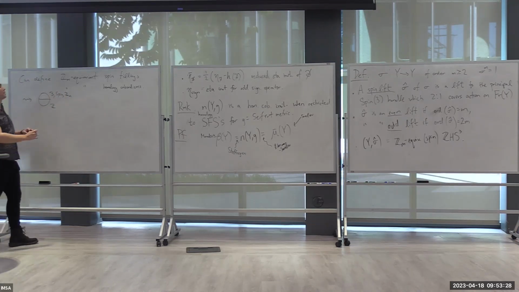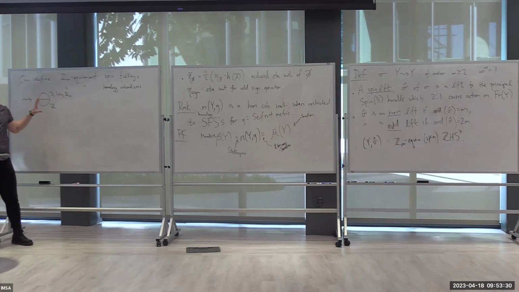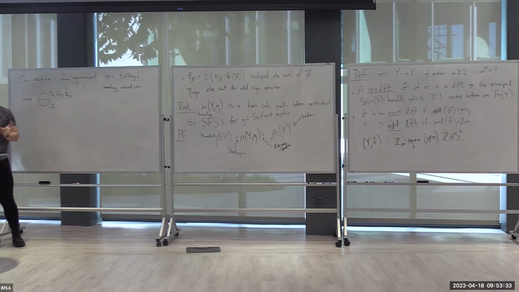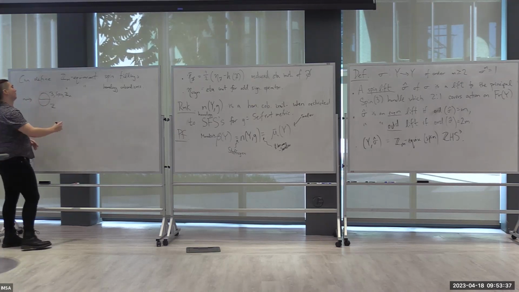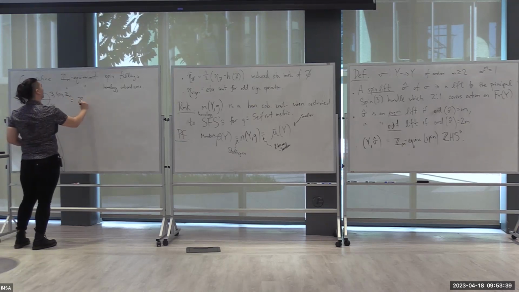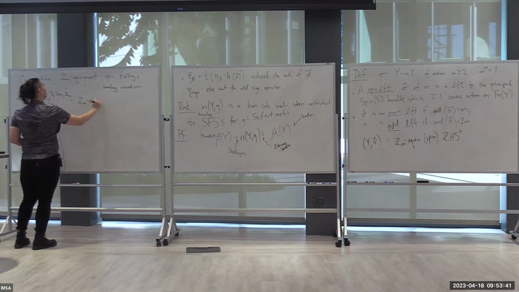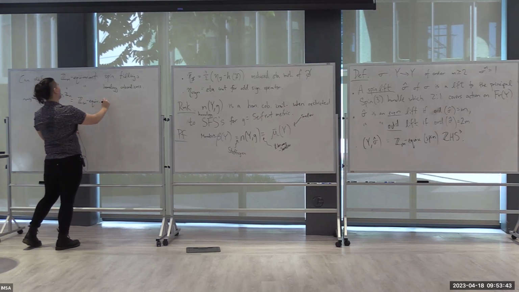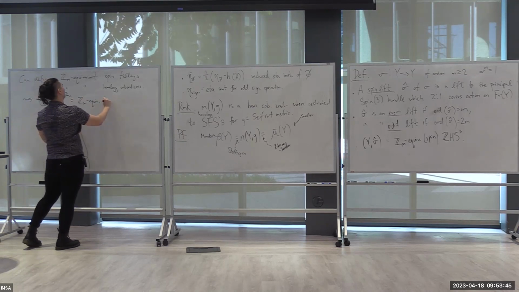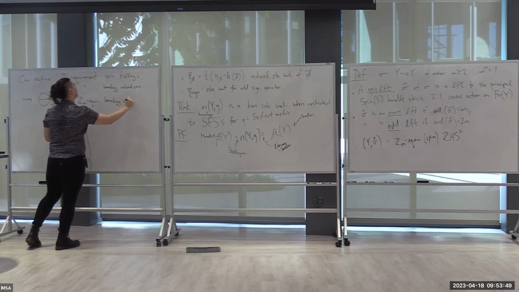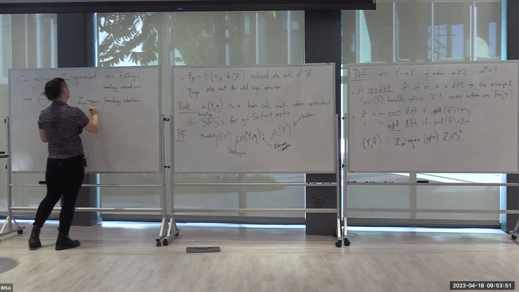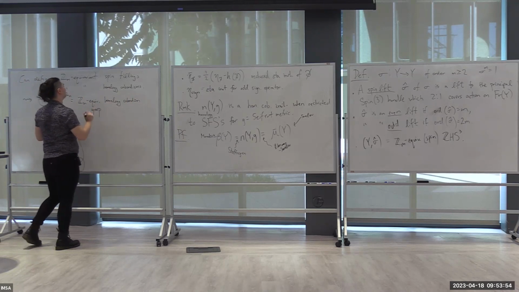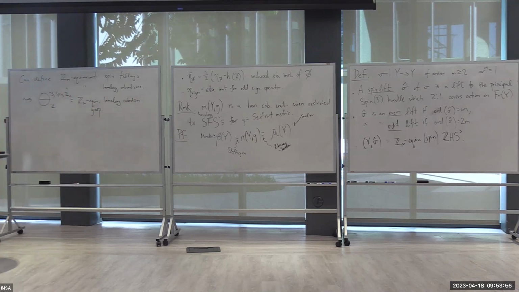But instead, we can just take the disjoint union as our addition operation, but you need to be a little bit careful about what that means, and I'm not going to. I'll just say we can define the Z_n equivariant homology cobordism group, the rest is as in the non-equivariant case.